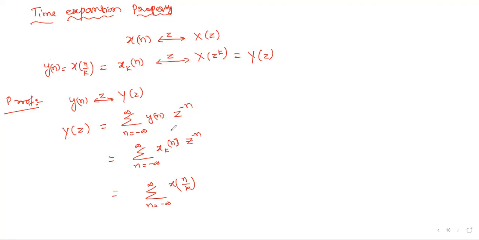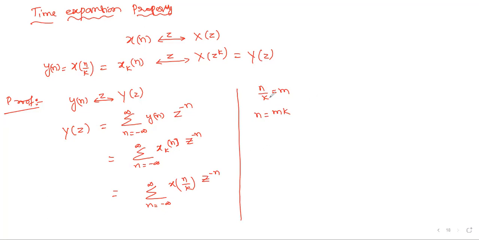So now the summation of x(n/k) into z^{−n}. Now let n/k = m, so n = mk.